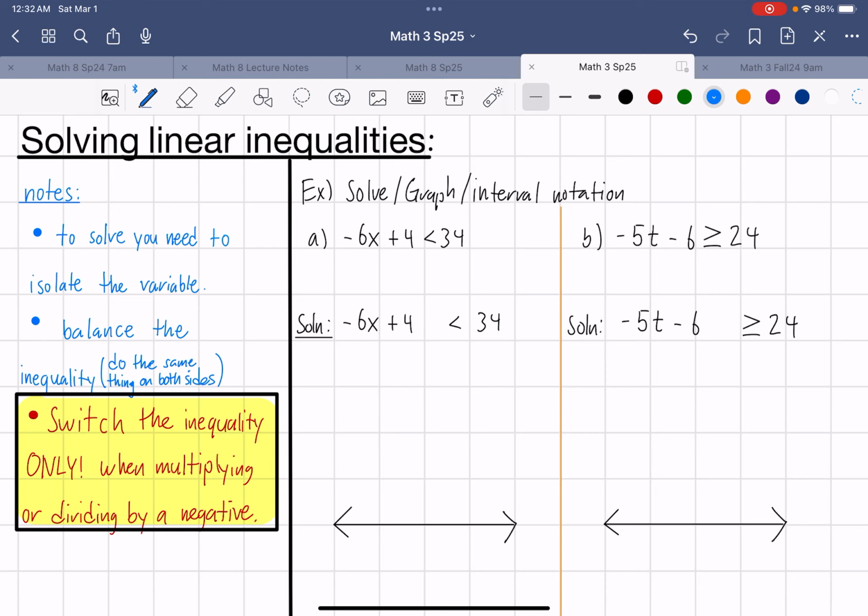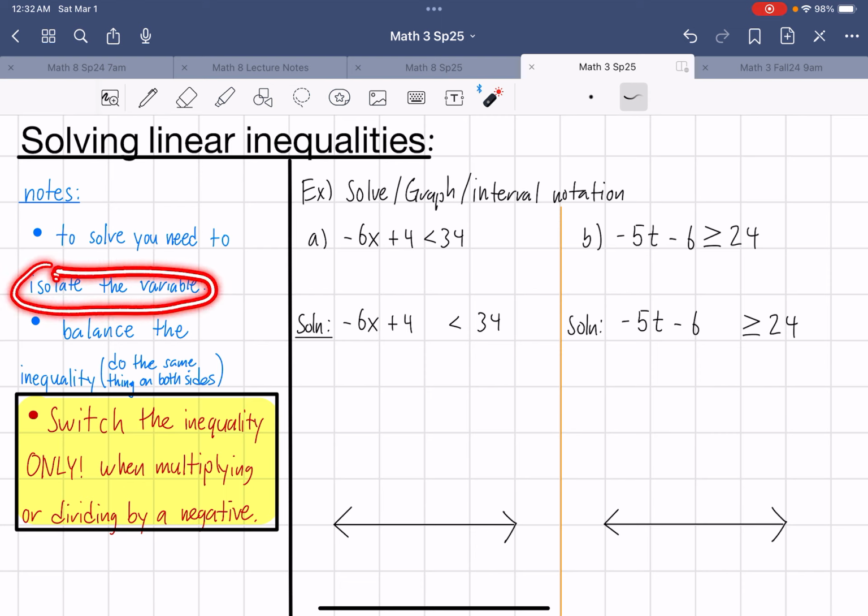Now, because we are going to be solving, I did want to write some notes for something to remember. When you're solving an equation, the major idea was to always isolate your variable on one side of the equation. In this case, it's going to be on one side of the inequality.